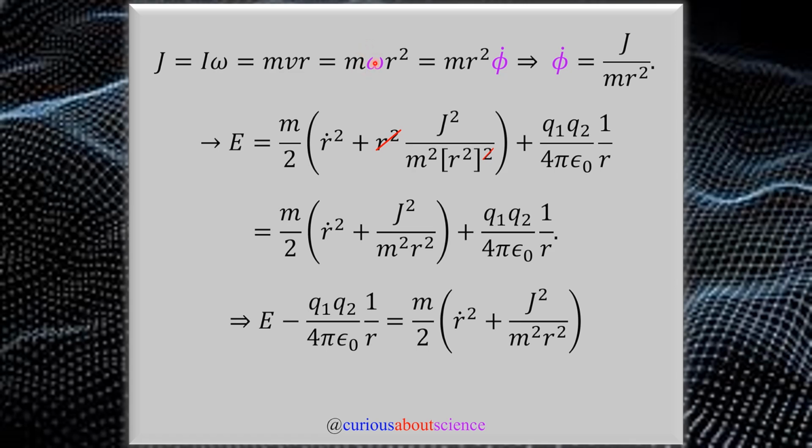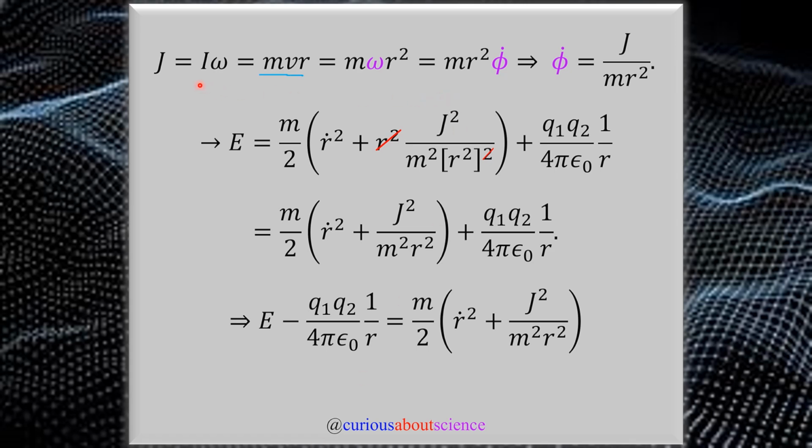But omega is nothing but the angular velocity, so phi dot. Solving this for phi dot, we get j over m r squared. Again, this definition will come back later, so I just went ahead and listed it all.